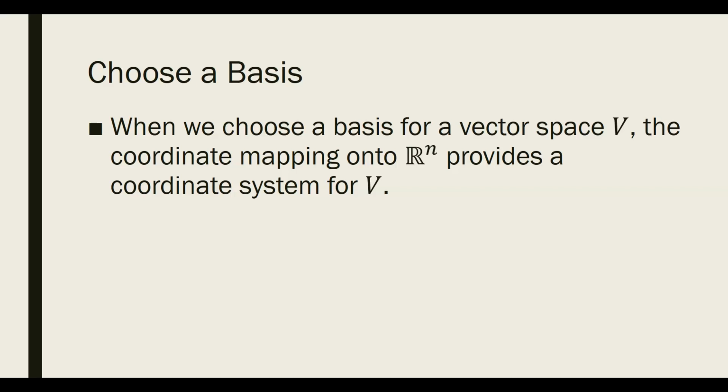But whenever we choose a specific basis and we have a finite dimensional vector space, there's this coordinate mapping that we've seen that maps onto Rn for some value of n. And this provides a coordinate system for our vector space.